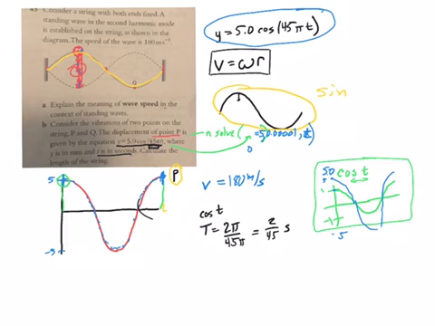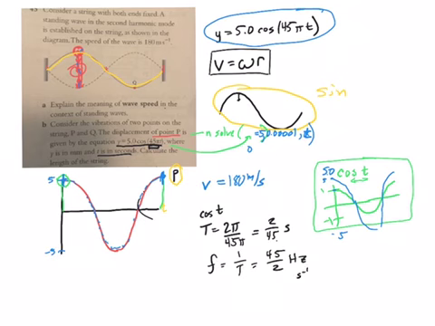Once you know the period is 2 over 45 seconds, you should be able to calculate the frequency, because frequency equals 1 over period, which in this case would be 45 over 2 hertz, or seconds to the -1, however you want to do that.